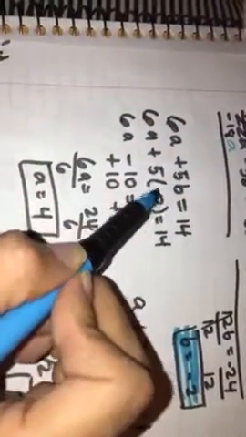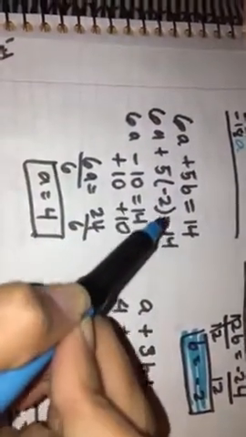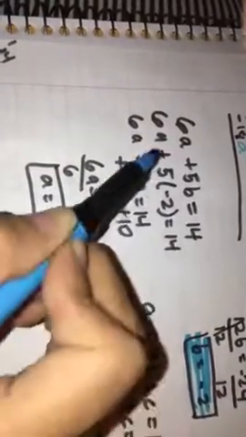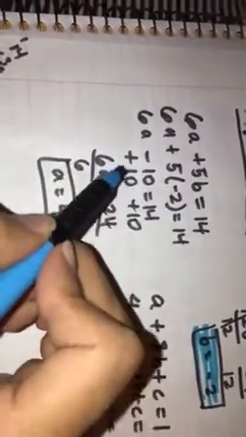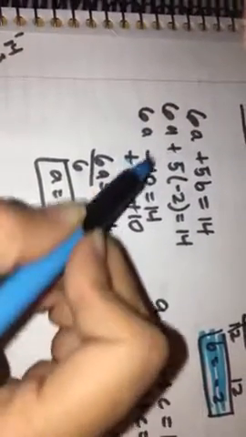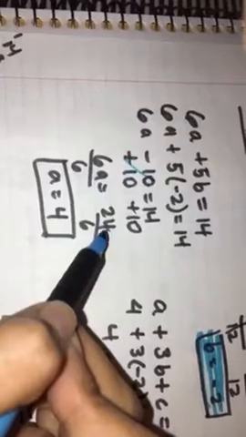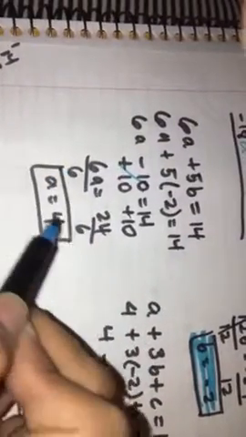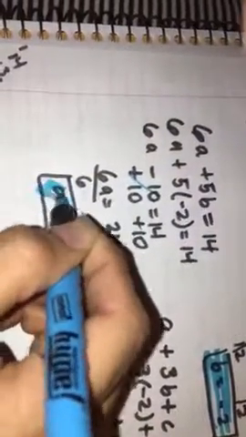So 6A plus 5 times negative 2 is equal to 14. That's negative 10, so 6A minus 10 equals 14. I added 10 to both sides, that's going to cancel, right? 6A is equal to 24, divide by 6, and A is equal to 4.